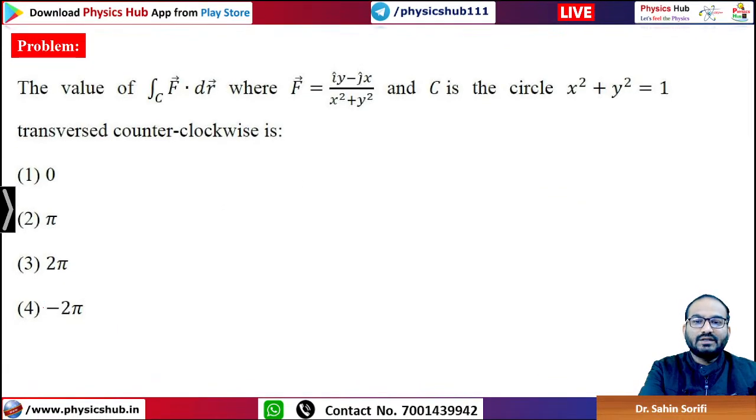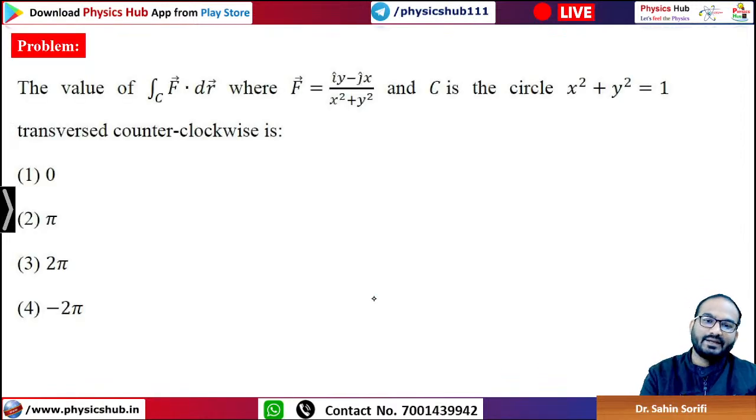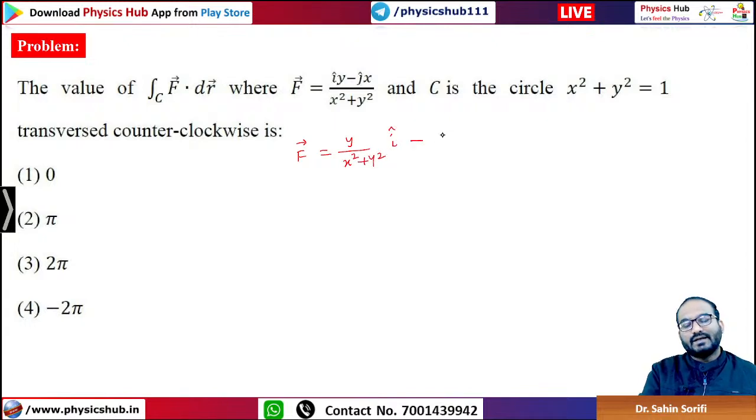Okay, now let's move on to this problem. This is the last problem and we'll wrap up the session here. The value of the integral of f dot dr, where f is y by (x square plus y square) i cap minus x by (x square plus y square) j cap.